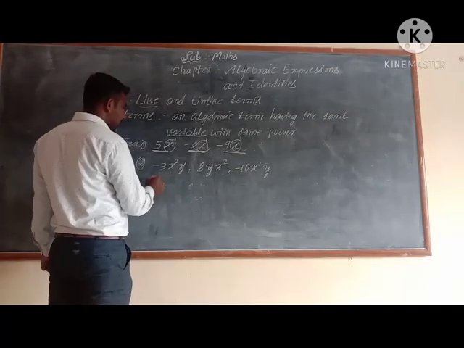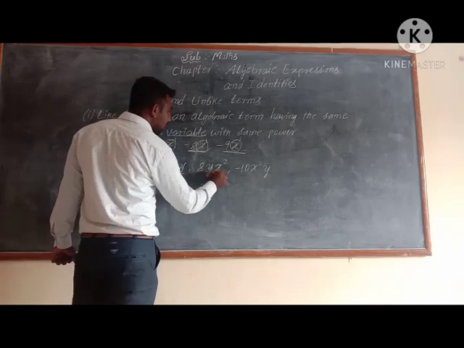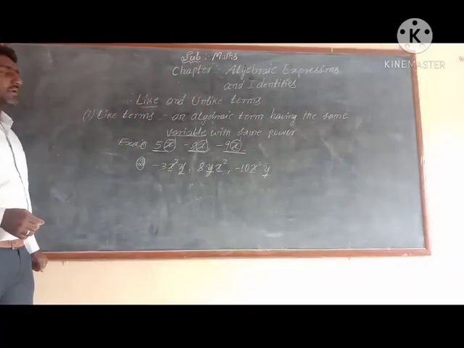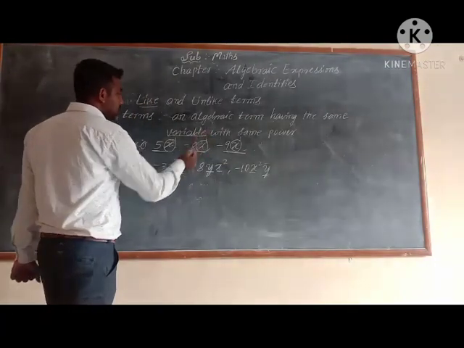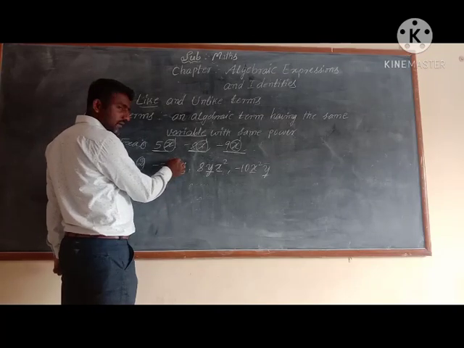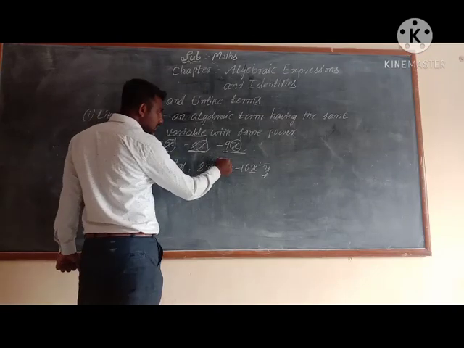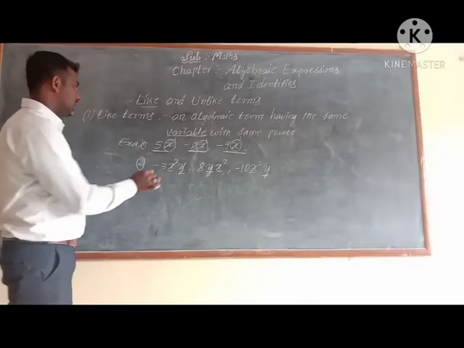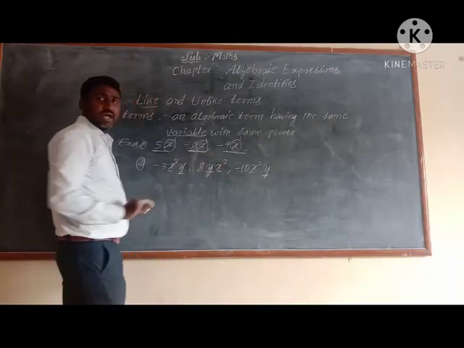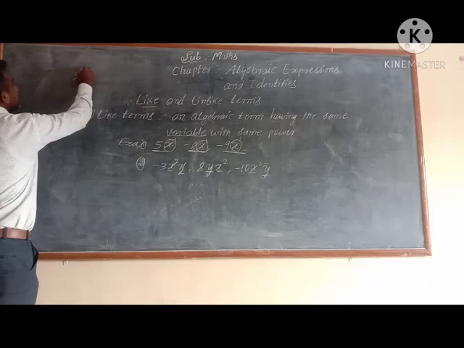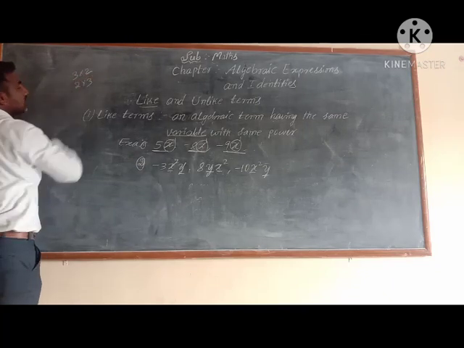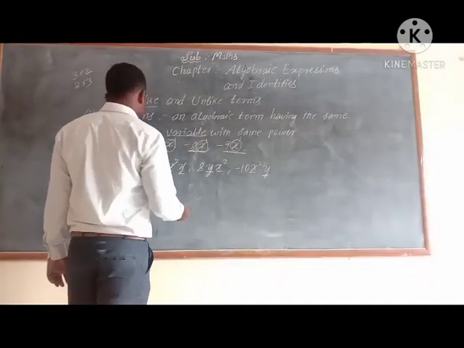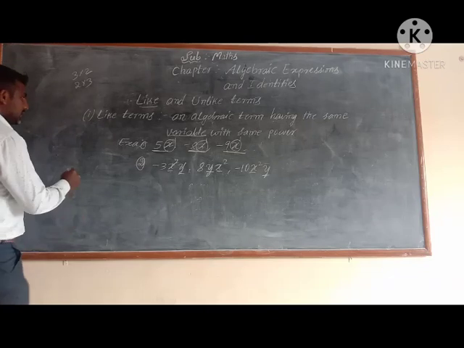The variables x and y are the same, so the first condition is satisfied. The power of x is 2 in each, and the power of y is 1, so the second condition is also satisfied. x square y and y x square are the same. These are also examples of like terms.